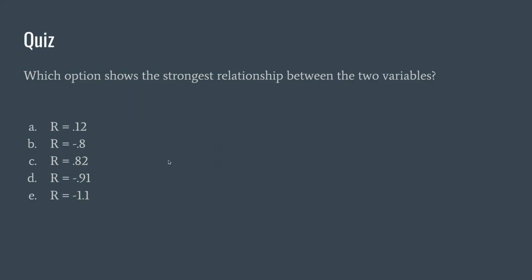This can be a little tricky. Although E, negative 1.1, has the highest value, we discussed that R value cannot exceed negative 1 or 1. So D would be the answer.